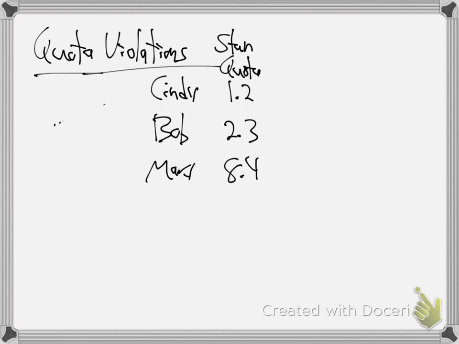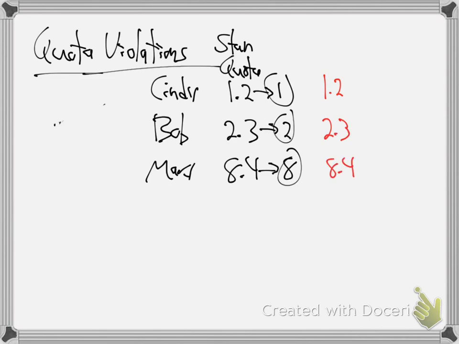Let's suppose those were their standard quotas. So we rounded that to 1, that to 2, and that to 8, and that's what they got, right? Standard quotas.